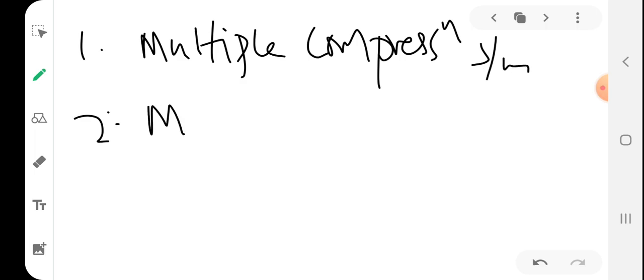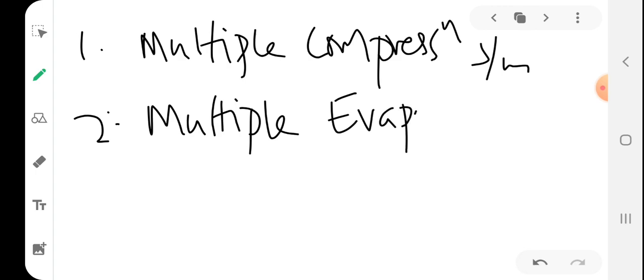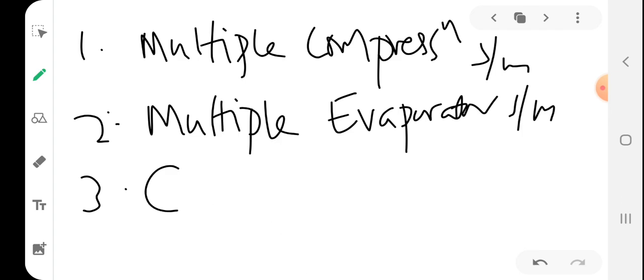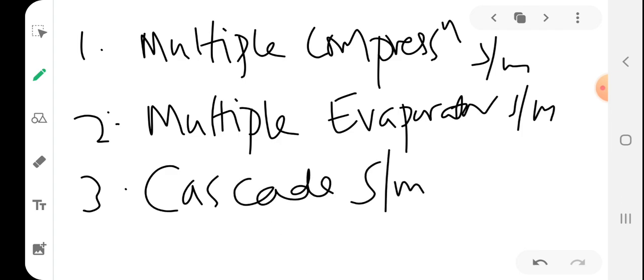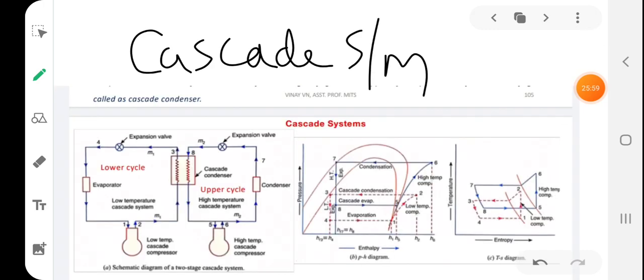The second was the multiple evaporator system. And the third is the cascade system. So we are now going to learn the cascade system. Students, this is the cascade system. It consists of two different cycles, and two different refrigerants will be used.